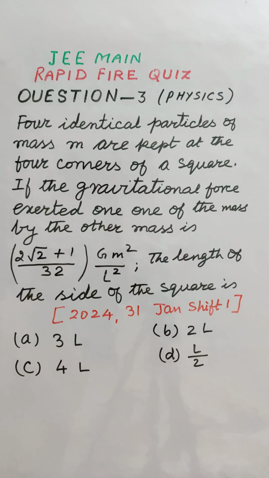Our third question we have taken from physics. 4 identical particles of mass m are kept at 4 corners of a square. I will show you the diagram also.